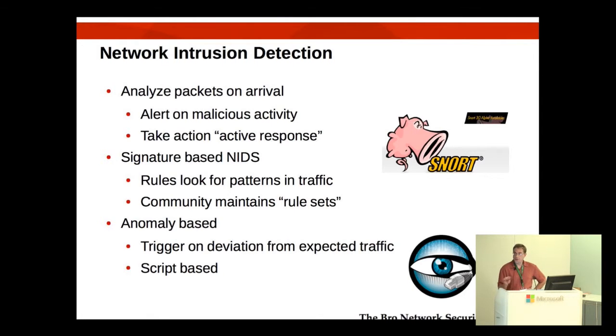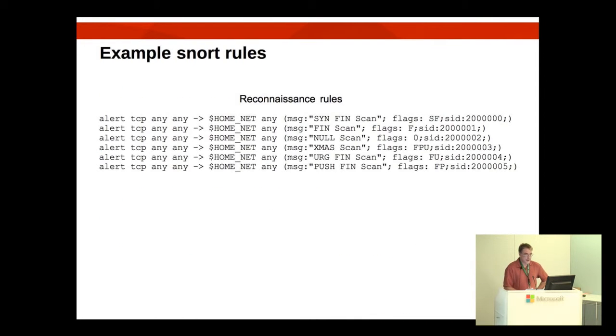There's another type of NIDS, which I won't be talking about, that is a little more complicated, and those are called anomaly-based NIDS. And what those are capable of doing is looking at deviations from expected behavior. So they know what the normal traffic looks like.